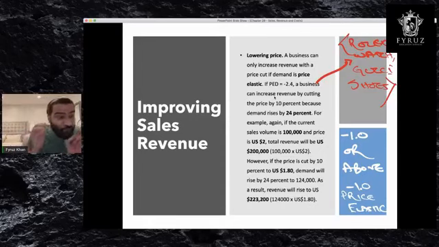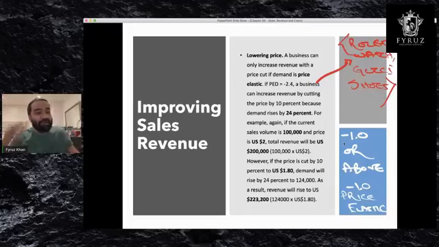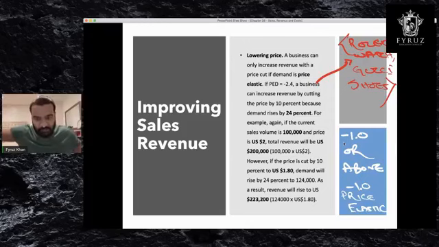Now if your elasticity of demand is -1 or below -1, then think that the product is price elastic. Price elastic means that demand will change a lot with a change in price. Even a pencil, the demand for this pencil will change with the change in price.